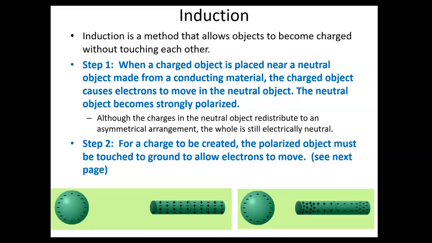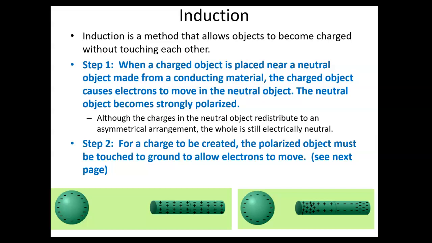In the illustration at the bottom of this slide, we're looking at a negatively charged sphere that's being brought close to a metal rod. Now, initially, when they're far apart from each other, the metal rod is electrically neutral, and its positive and negative charges are evenly distributed throughout the rod.